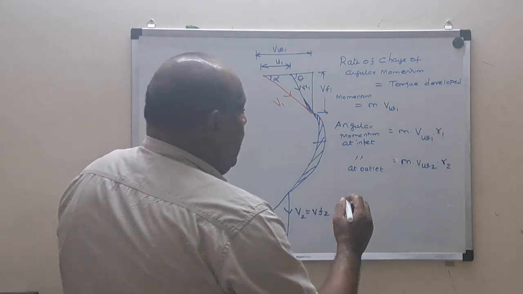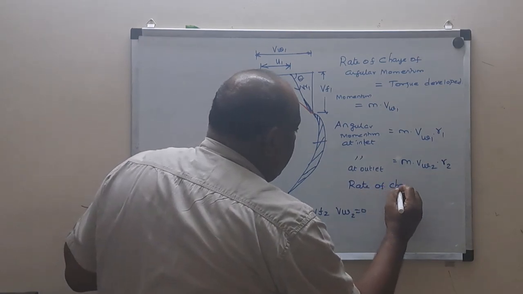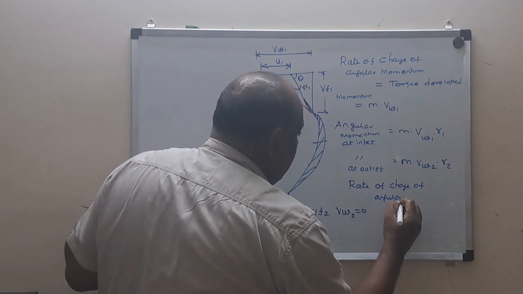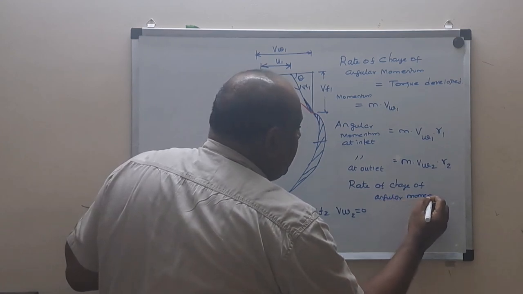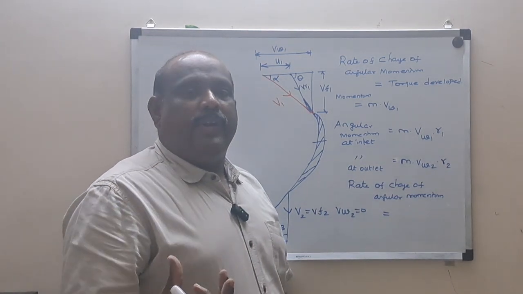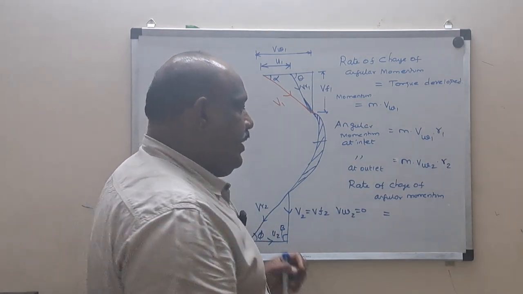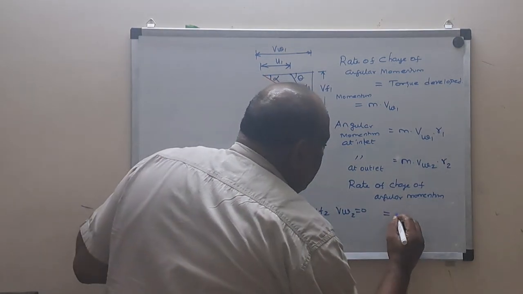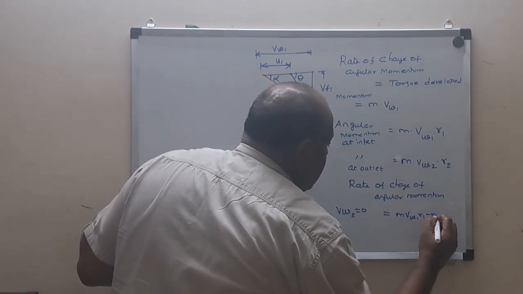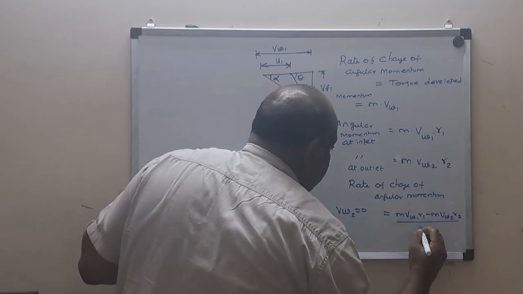Now, the rate of change of angular momentum. What do you mean by rate? Any quantity which is divided by time is called rate. So I am going to have m Vw1 R1 minus m Vw2 R2, divided by time.